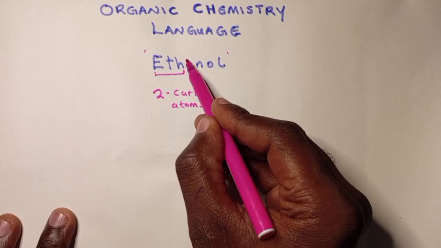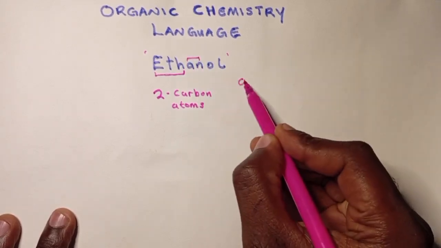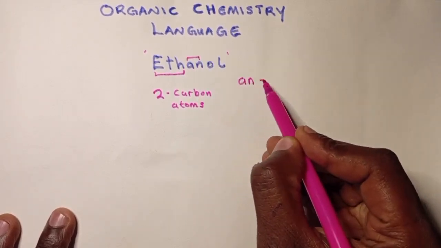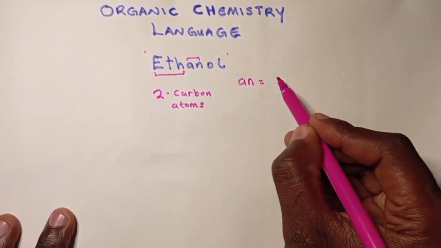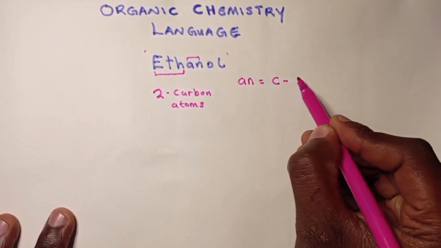Then the AN here tells me that between these two carbons there is only a single bond.